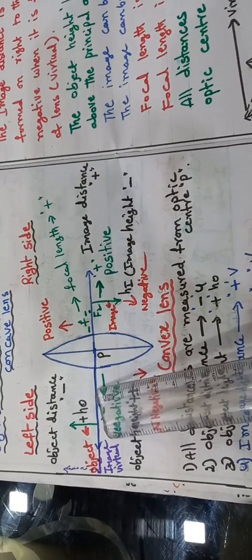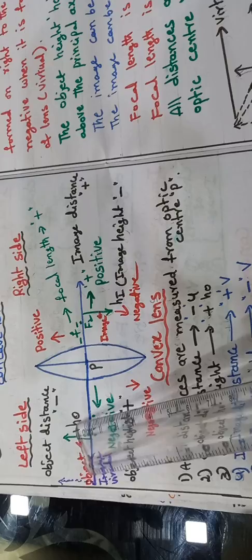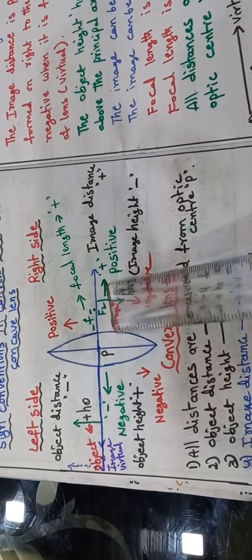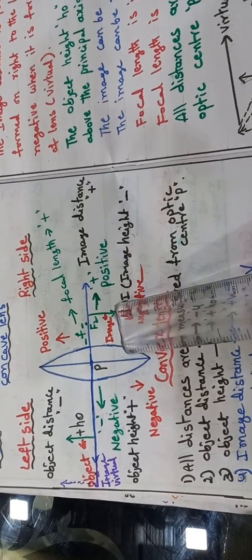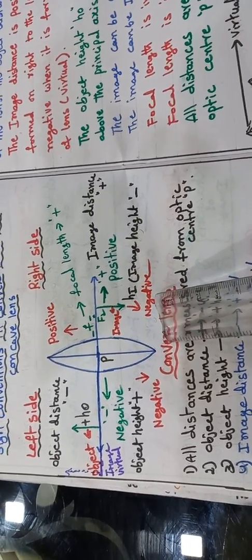Above the principal axis, the height of the object is measured with a positive sign. Below the principal axis, the image height is measured with a negative sign.